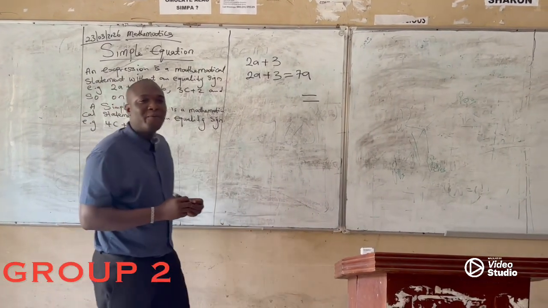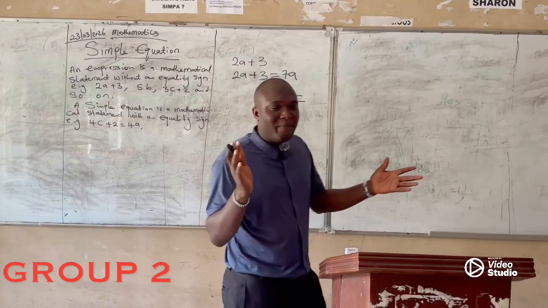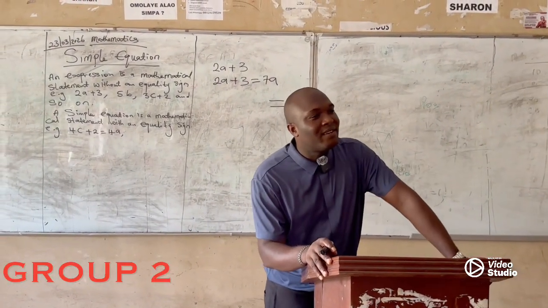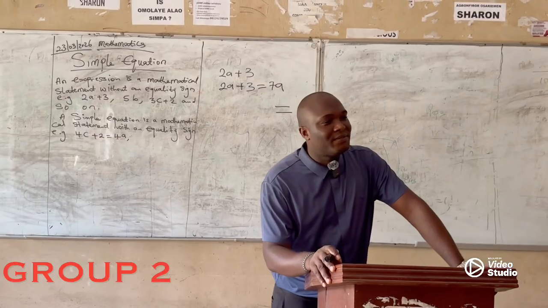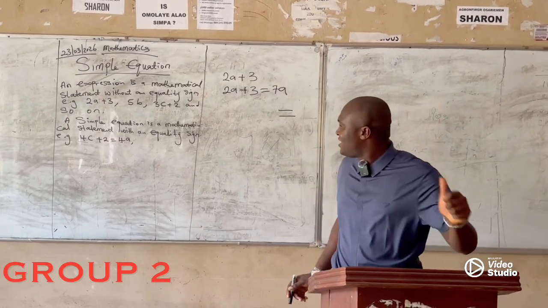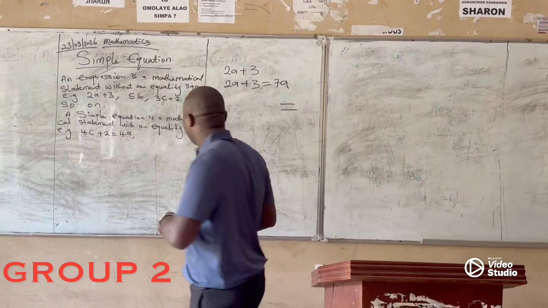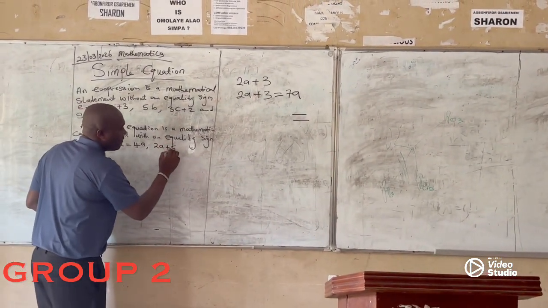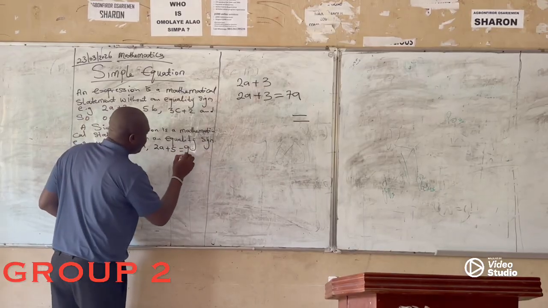Another example. Who can help us again? Okay. 2a plus 5 equals to 9a. Intelligent. Clap for yourself. That's amazing. You said 2a plus 5 equals to 9a.